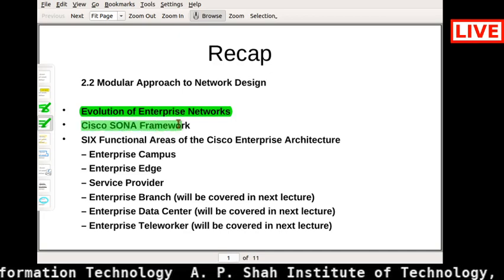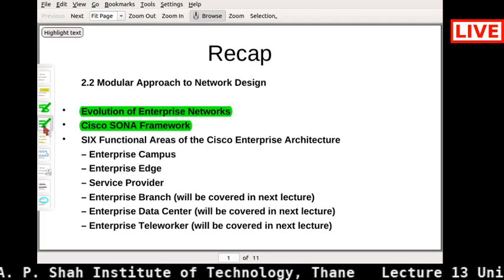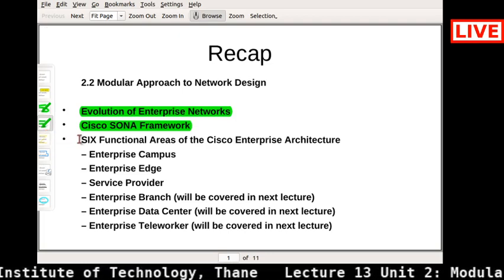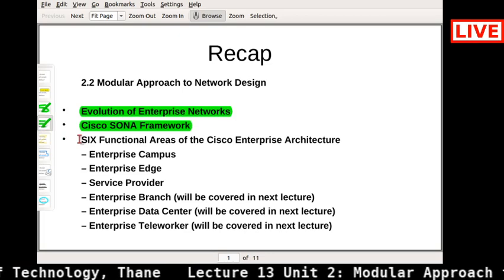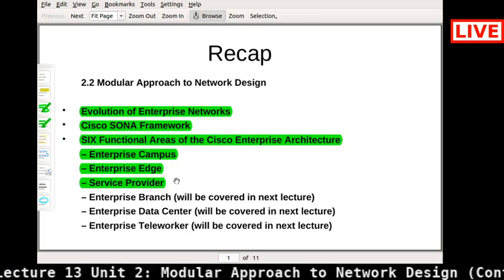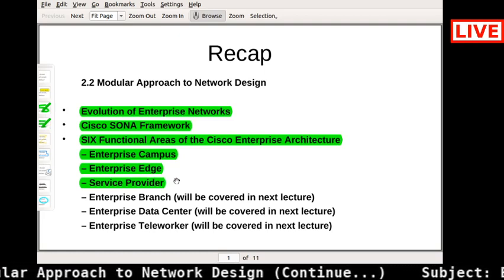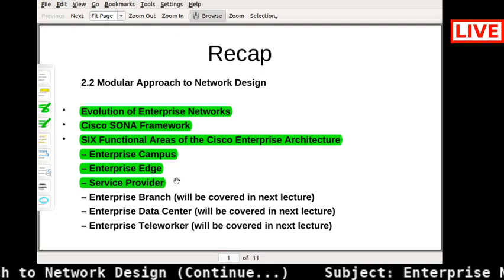Then we discussed how these six modules are situated in the Cisco SONA framework architecture. In the last session we covered three modules: the first is enterprise campus, the second is enterprise edge, and the third is service provider, right?